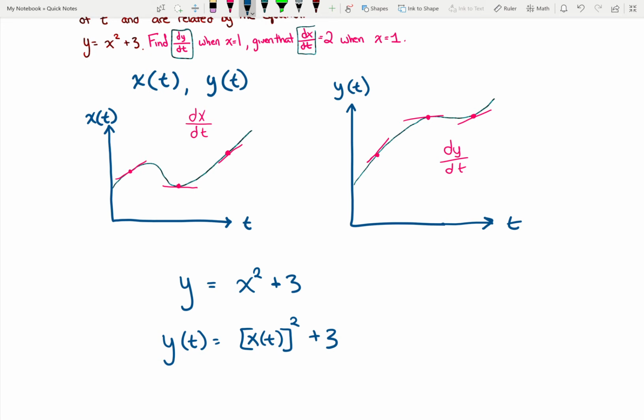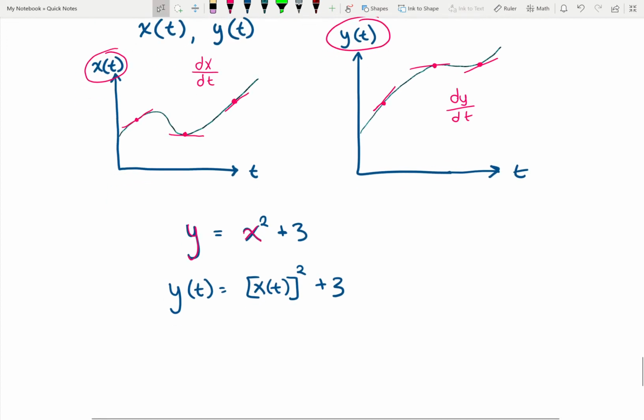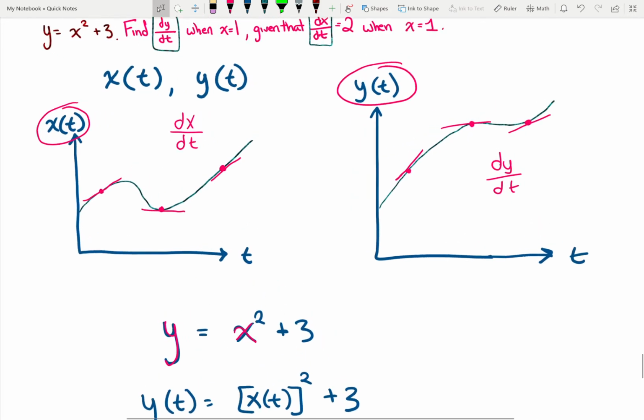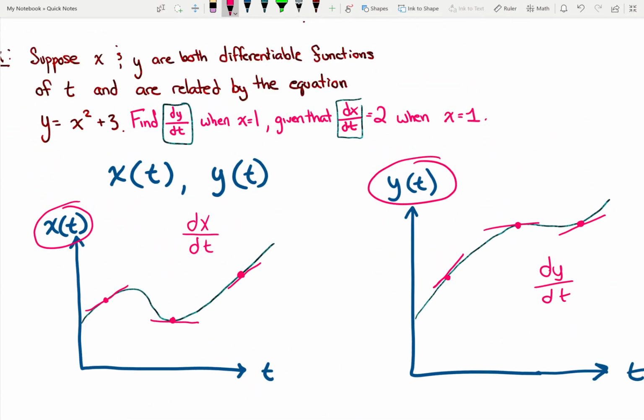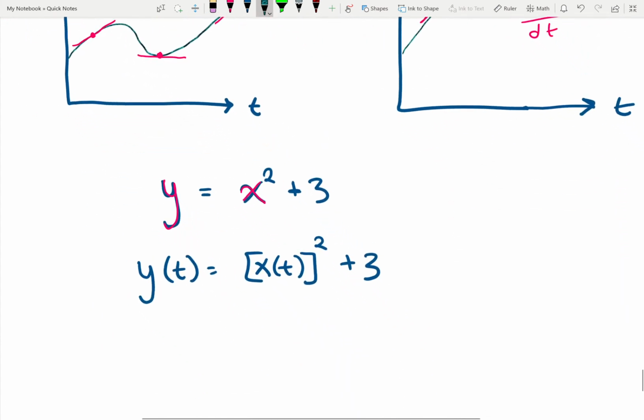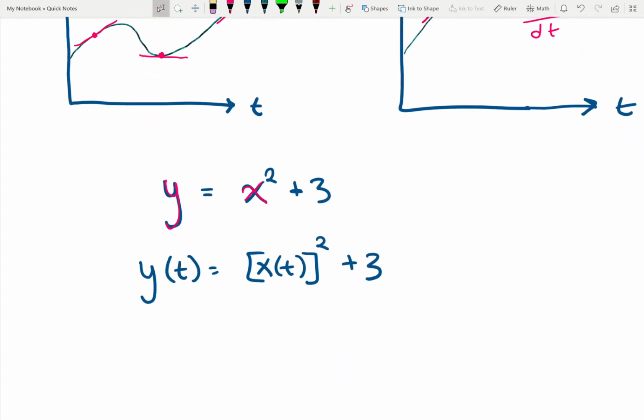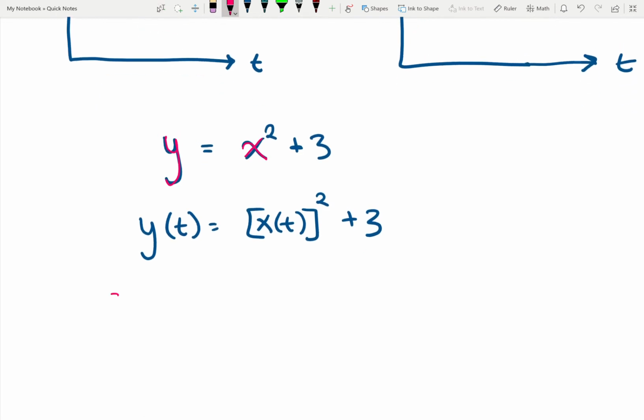All I did was call y and x by their proper names, x of t and y of t. Now we have a little more sense of what's going on. And look what the question is asking: they want us to find dy/dt. So step 2, we're going to take the derivative of both sides.